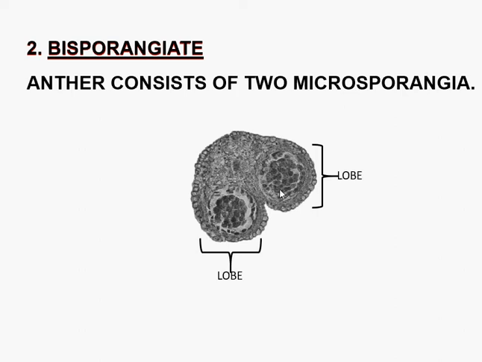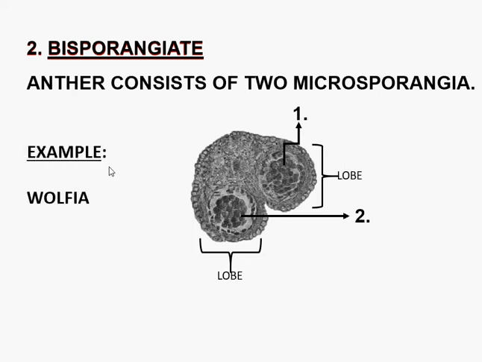Each chamber consists of one microsporangium. This is one, and the second chamber consists of the second microsporangium. Hence, this anther is called bisporangiate. Example, Wolffia.